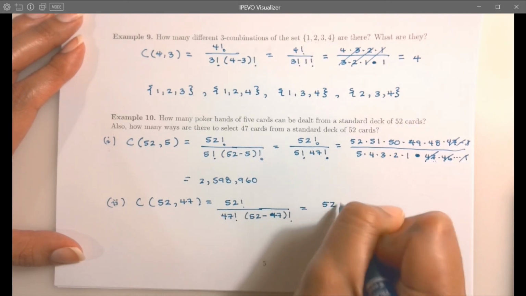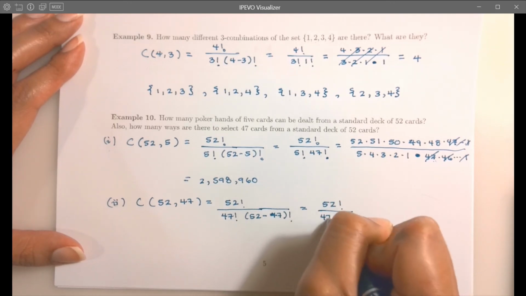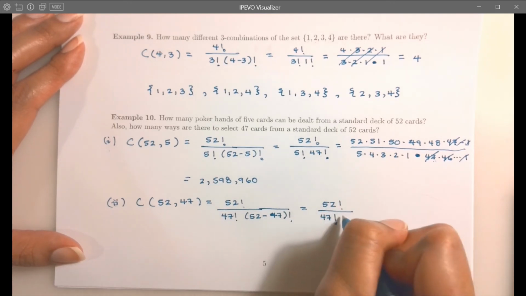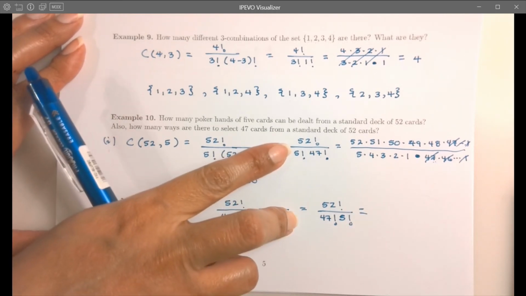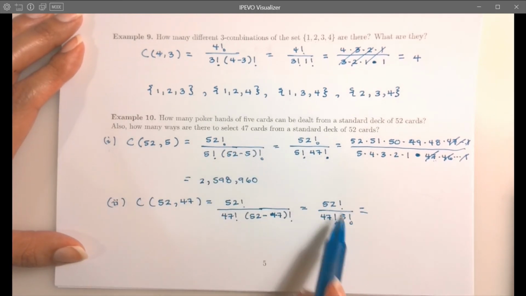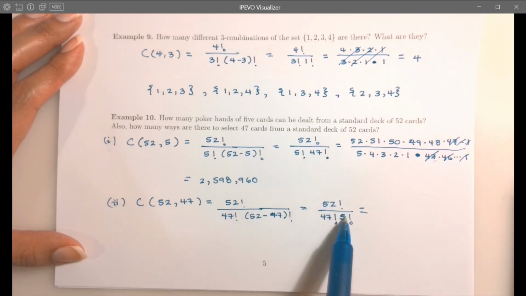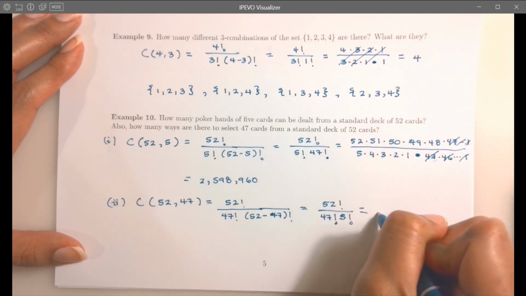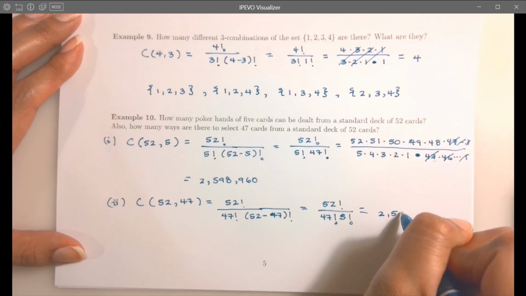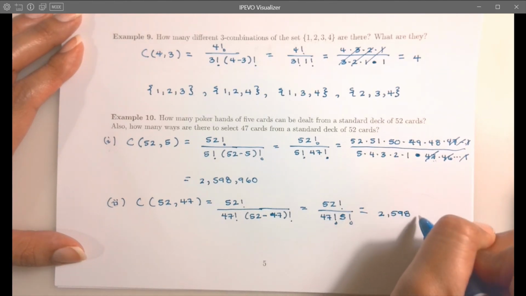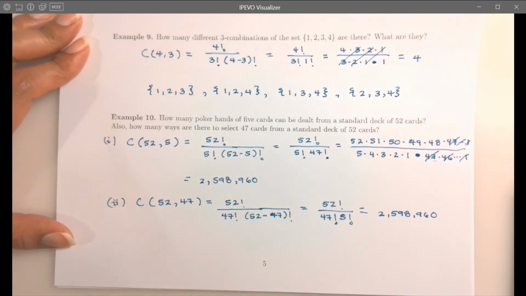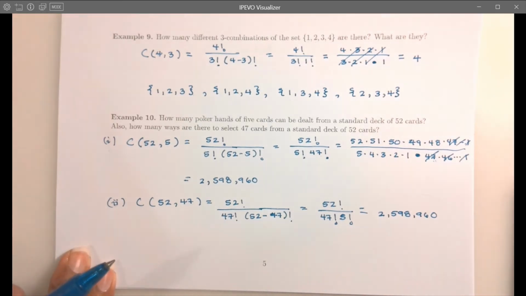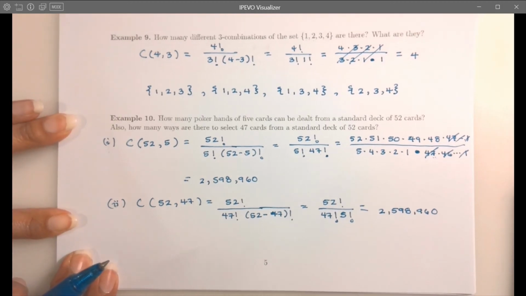So that's 52 factorial over 47 factorial times 5 factorial. And as you can see, these two are essentially the same. We've just changed the order of these two factors, which doesn't really matter. So in the end, we're still going to get the same value. So there are also 2,598,960 ways of dealing 47 cards out of a standard deck with 52 cards.